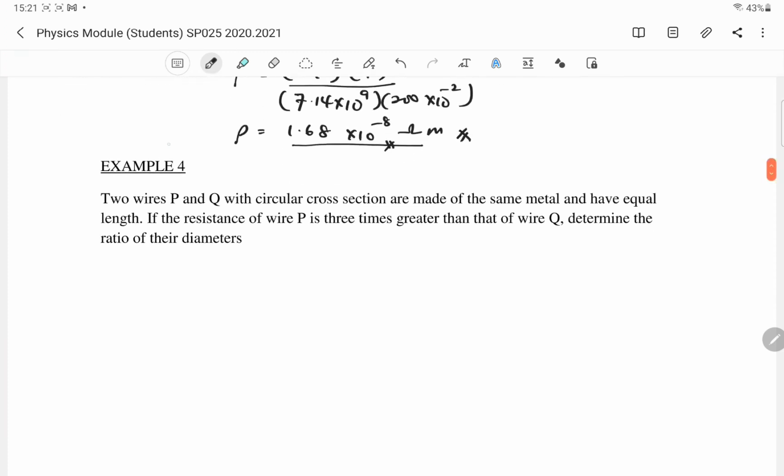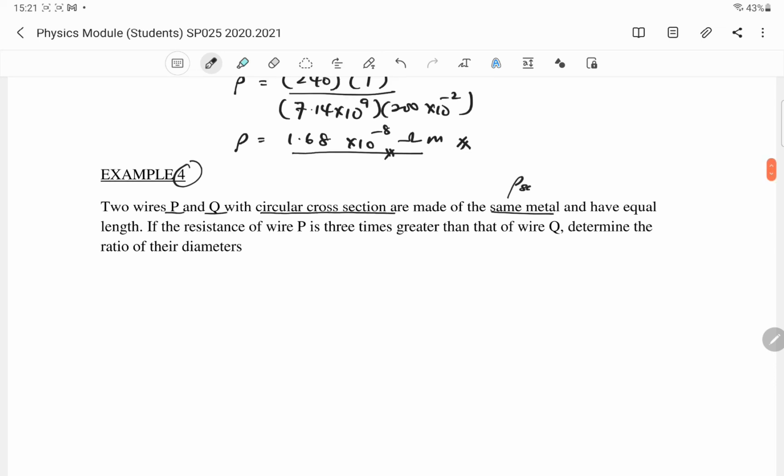Okay, so we look at number 4. Two wires P and Q with the same cross-sectional area are made of the same metal. Same metal meaning the rho is the same, and they have an equal length, so L is also the same.